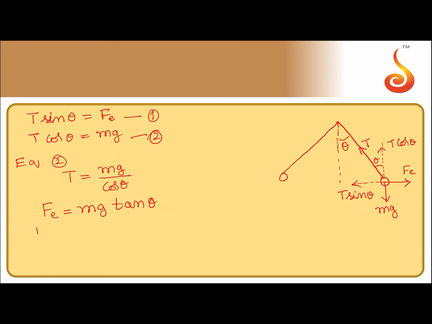So, Fe is what? K q square by r square, where r is the separation between them at equilibrium condition, that should be equal to mg tan theta. Let us call this equation 3.